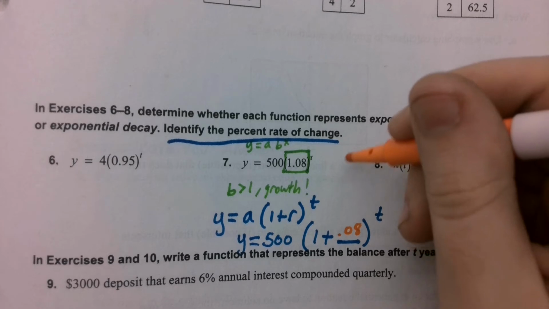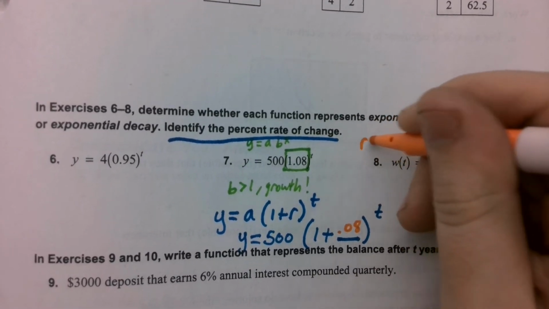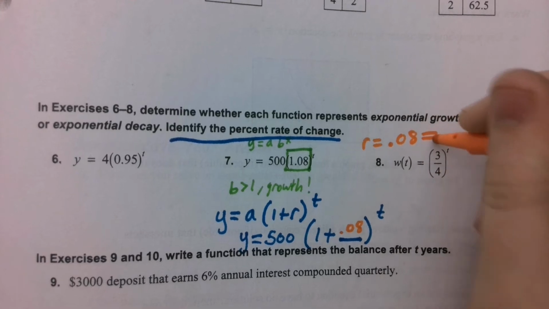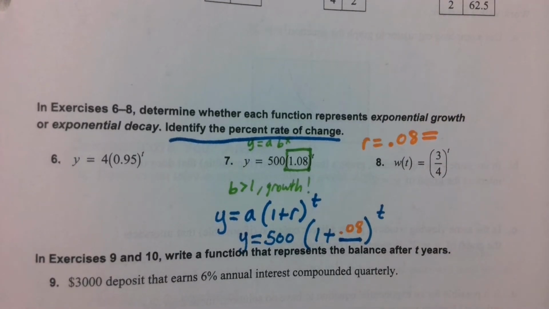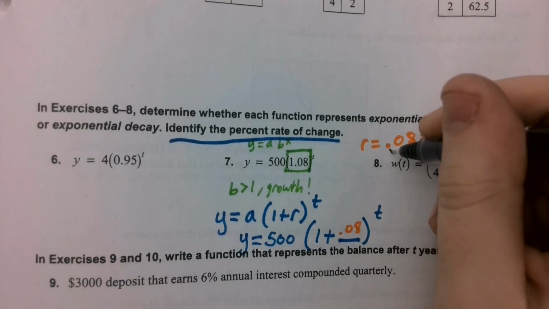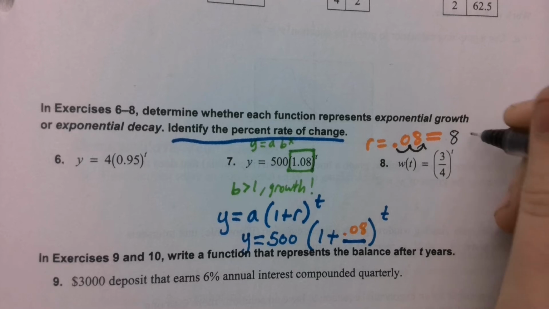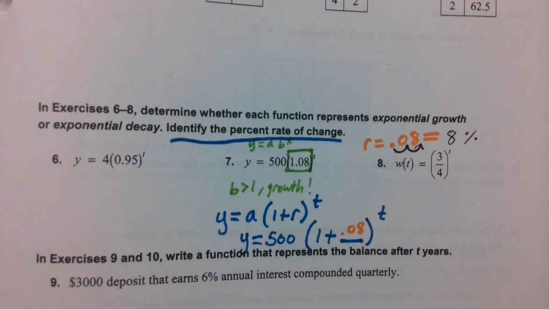So our value for R in this problem, R equals 0.08. Can we turn that into a percent? Remember our rule. The rule is to turn from a decimal back to a percent, we go 2 decimal places to the right. So this would be 8%. That's an 8% rate of growth. Be very, very careful.